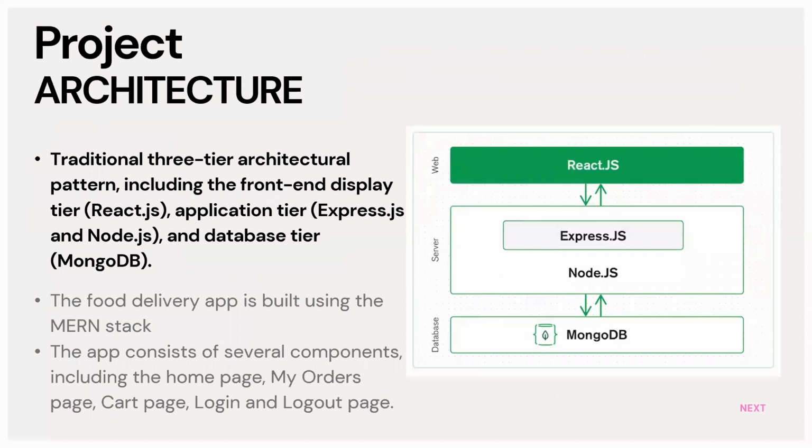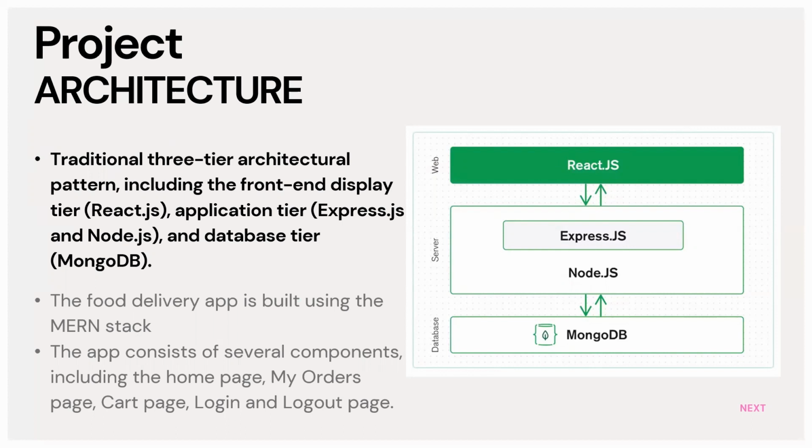For this project, we use a three-tier architecture, which is MERN Stack, as we previously stated. It comprises React, Express, Node.js, and MongoDB. In this, React is used as the front end, Express.js and Node.js are used for the back end, and MongoDB as the database.